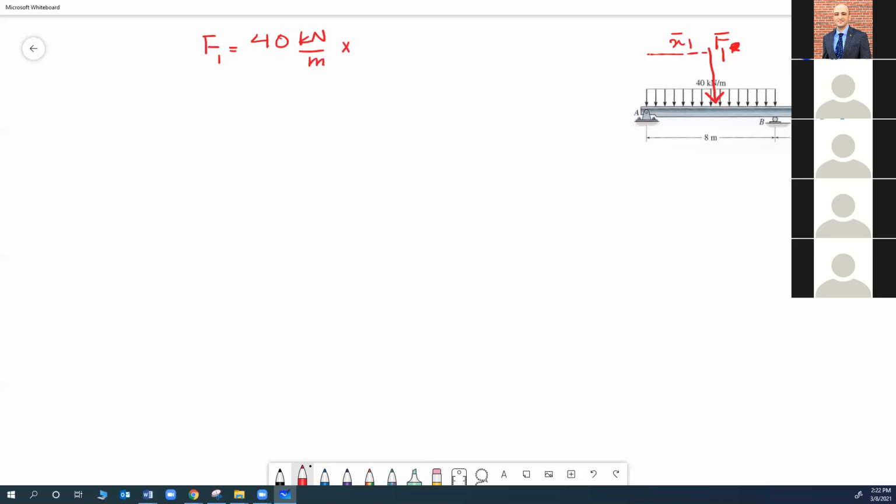Again, it's important to include the units to make sure you're not making any mistakes. And the location of it is going to be half of 8 meters from point A, so it's 4 meters.